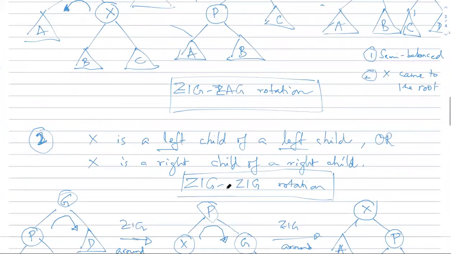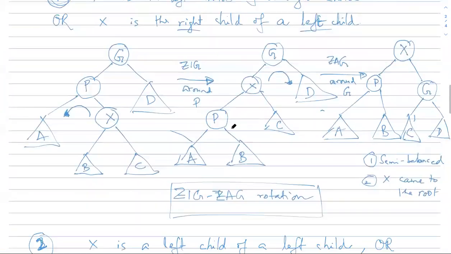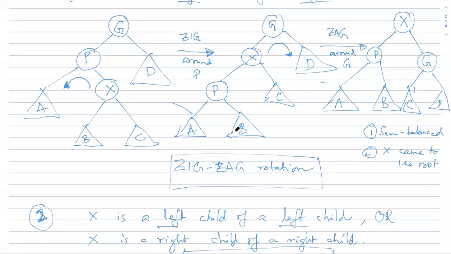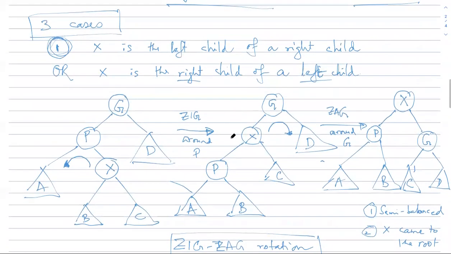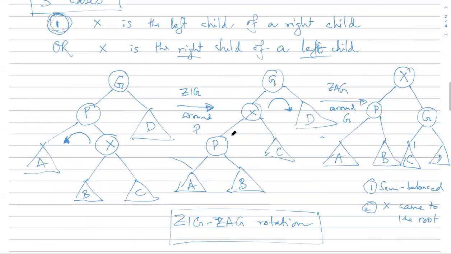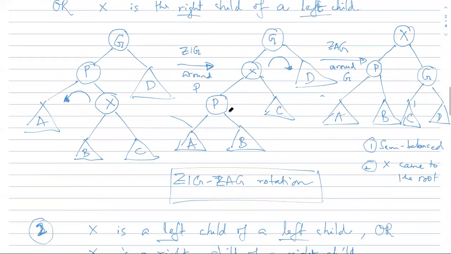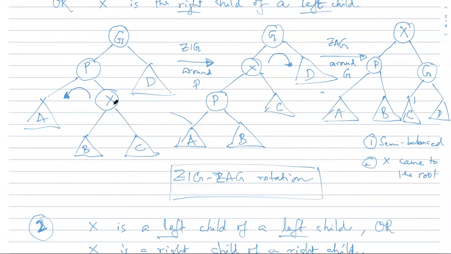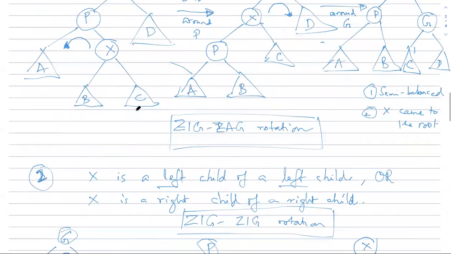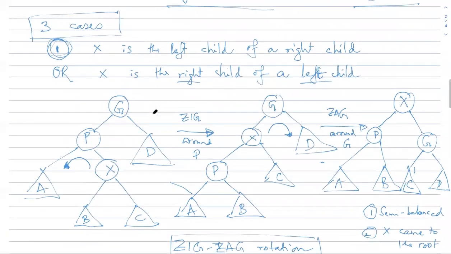You can imagine that if you have a large binary search tree, this kind of operation will continue to happen because you are looking through the lens of a particular node and you're seeing whether it's a left child of a right child, or a left child of a left child, or a right child of a right child, or a right child of a left child.